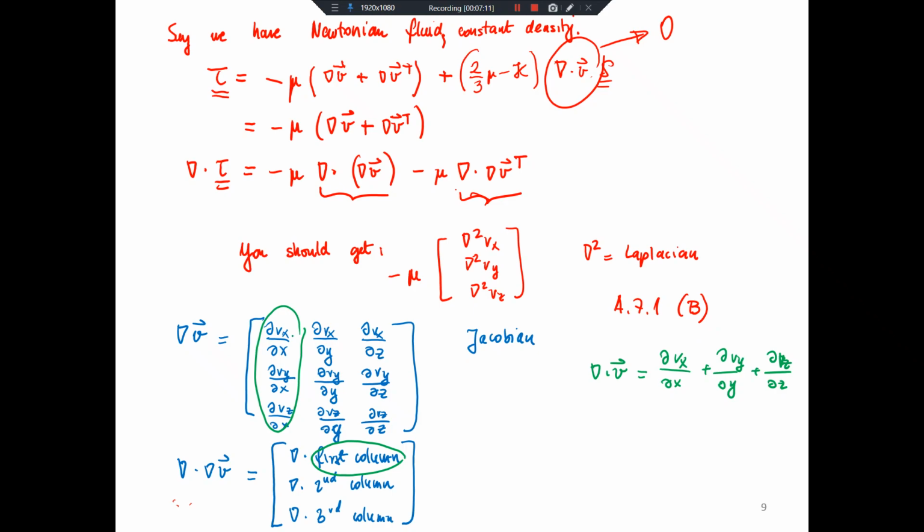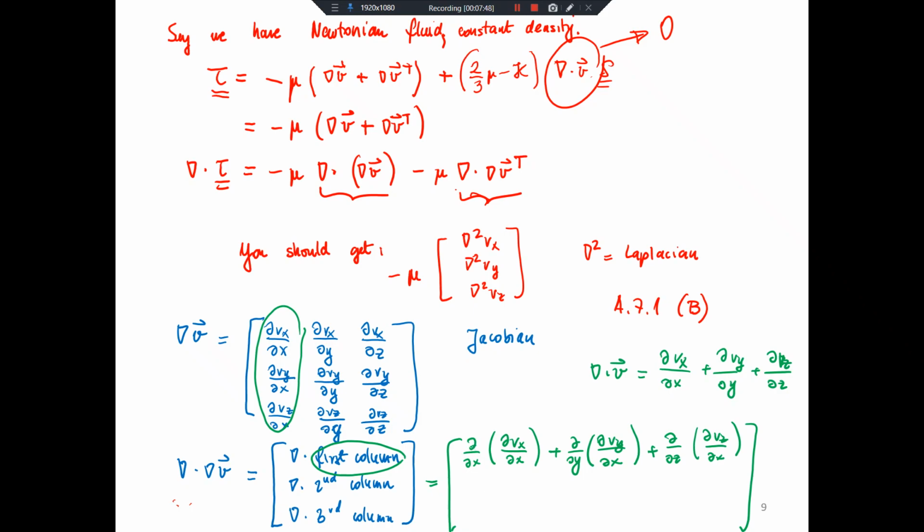So let's take the x derivative of the first coordinate in this vector, dvx dx, plus the y derivative of the second, so dvy dx in this case, plus the z derivative of the third.